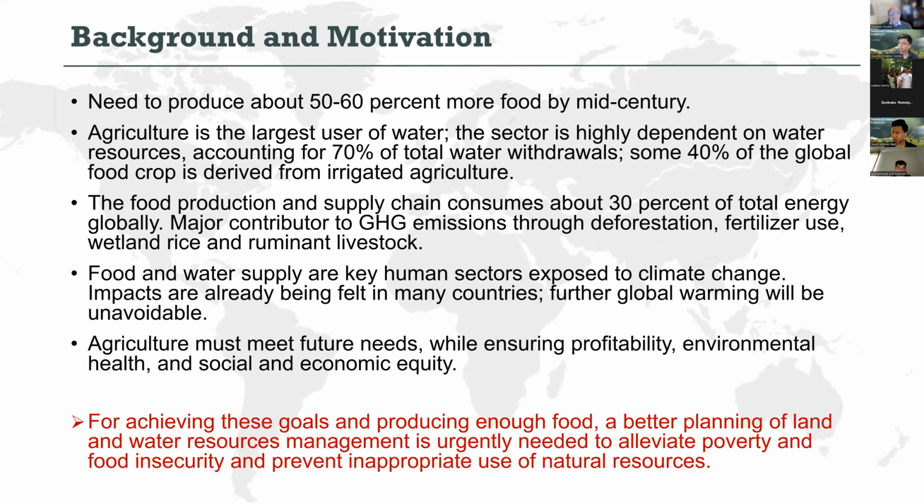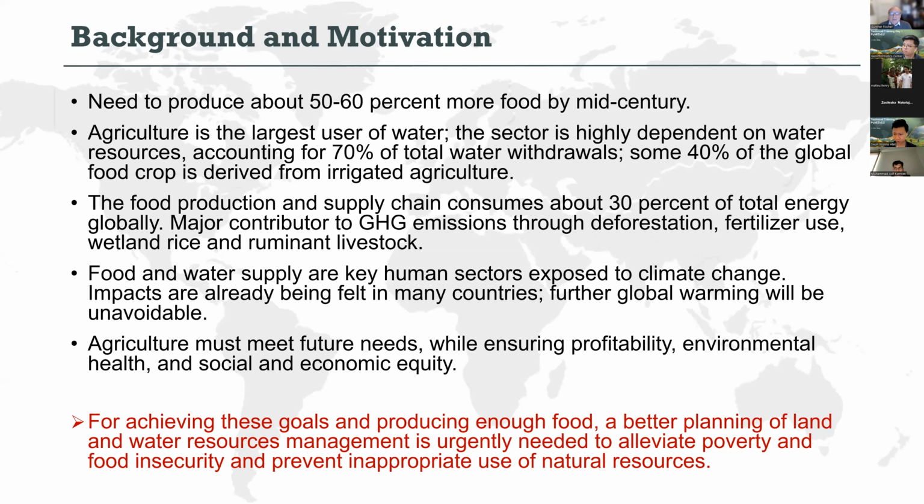Also, a fact is that agriculture is the largest user of water. The sector is highly dependent on water resources. Estimates are that it accounts for about 70% of total water withdrawals, and perhaps some 40% of the global food crop is derived from irrigated agriculture.